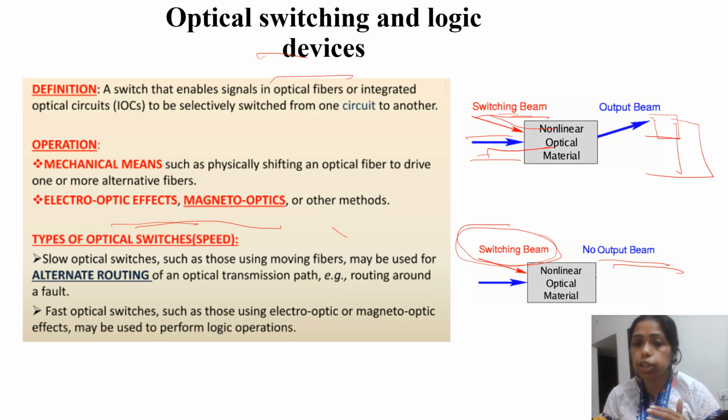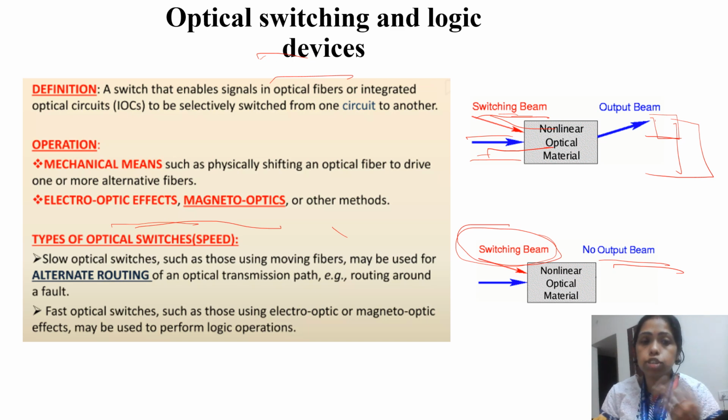Magneto-optic means we are applying a magnetic signal or magnetomotive force to the device, so that the optical signal is altered. We have already discussed these effects in the previous lectures, right? Those effects are implemented in a circuit for implementing optical switching or optical logic devices.